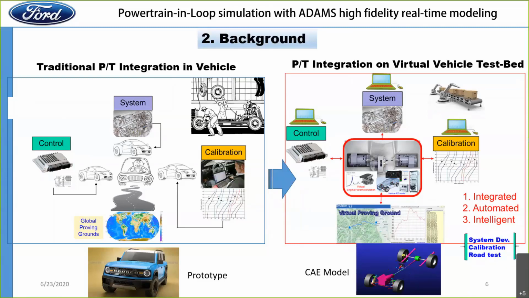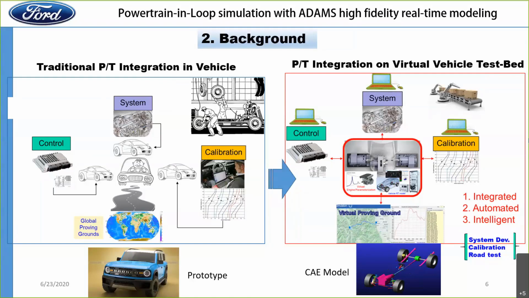With the same standstill test bed in the lab, we use a simulation program to simulate the vehicle behavior. We confirm the system, we develop the control strategy, we do most of the calibration, and we also run the virtual proving ground in the computer.